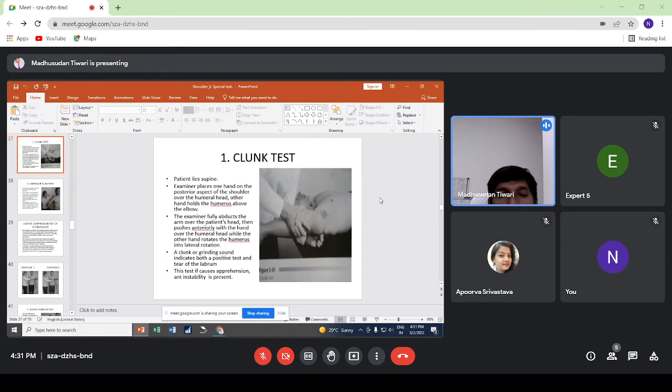The examiner fully abducts the arm over the patient's head and then pushes anteriorly with the hand over the humeral head, while the other hand rotates the humerus into lateral rotation. A clunk or grinding sound indicates a positive test for a tear of the labrum.